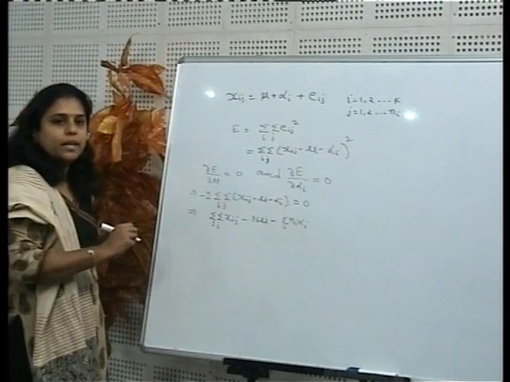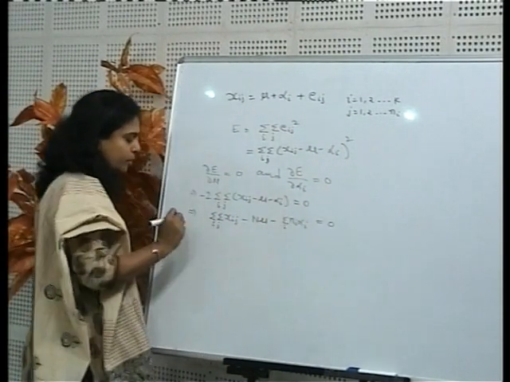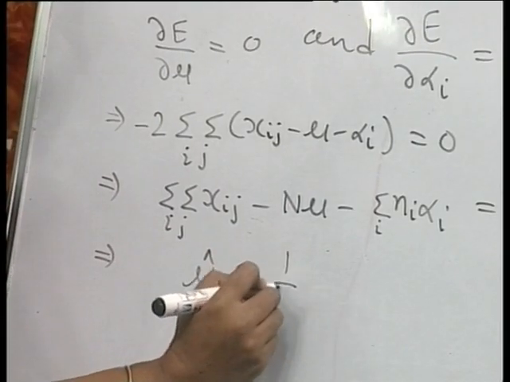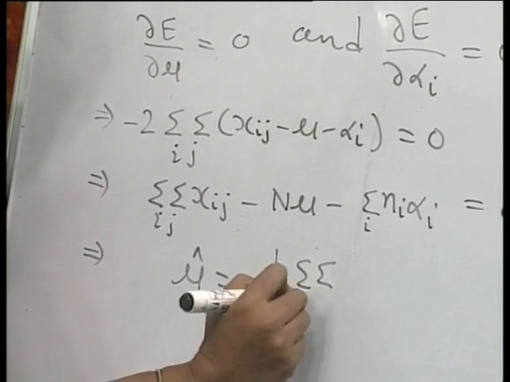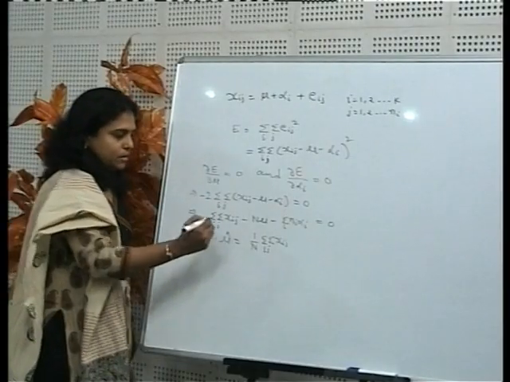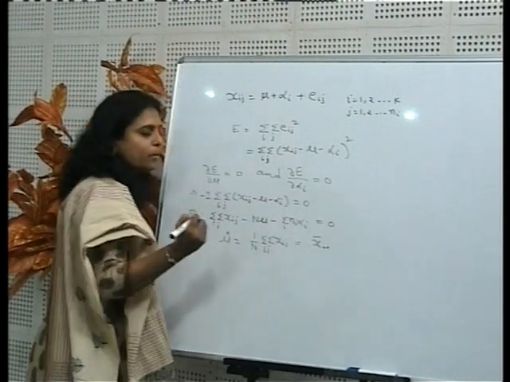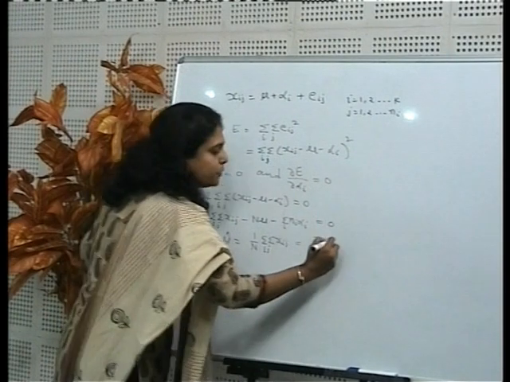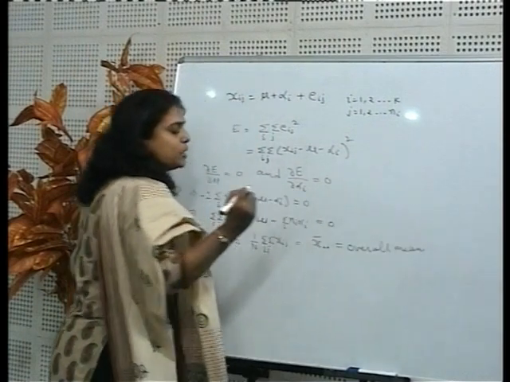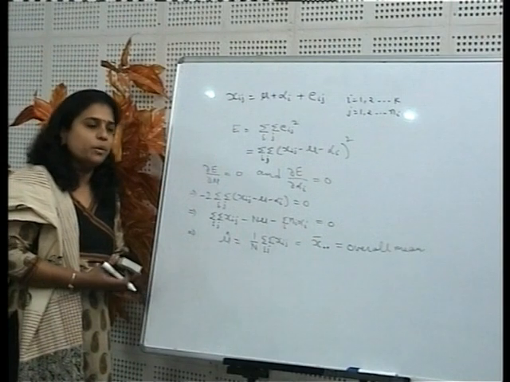Now as we have proved that summation ni alpha i is 0, we can cancel this term, and hence we get mu cap as 1 upon N double summation Xij, and we give this mean a special notation, that is X bar double dot. X bar double dot stands for the overall mean. So this is the estimate of the parameter mu.